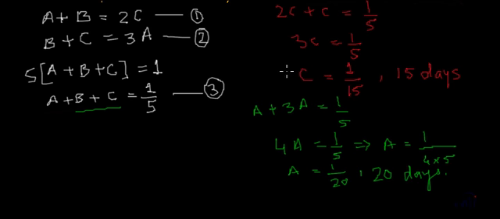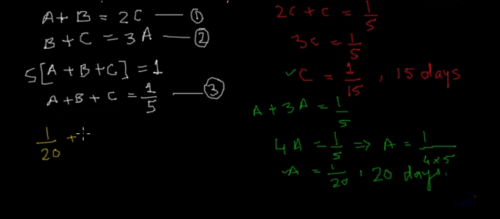Now here we have got the working capacity of C, and here we have got the working capacity of A, and if we substitute these two values in equation number 3, we will get the working capacity of B, right? So now let's do that. The working capacity of A is 1 by 20.